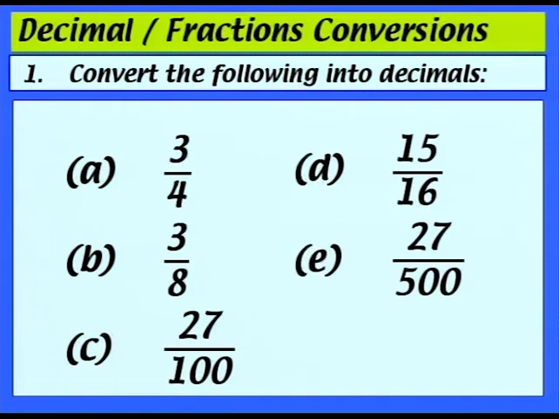D. Andrew, 15 on 16. 0.9375. Okay, 0.9375 is correct. Peter, 27 on 500. 0.054. Okay.